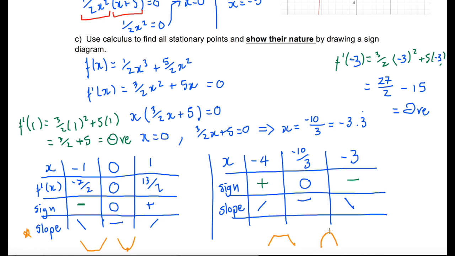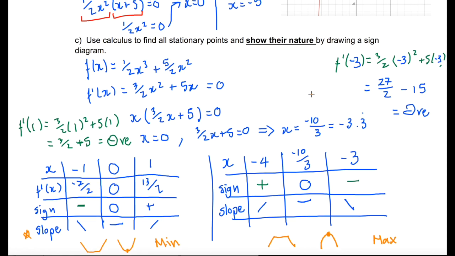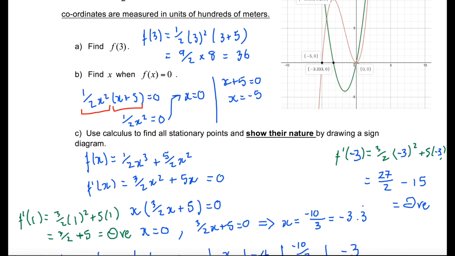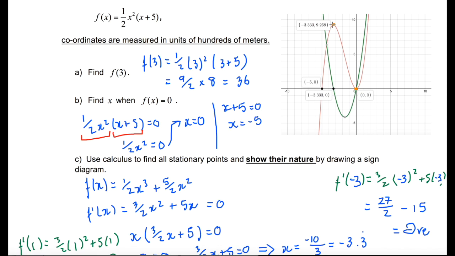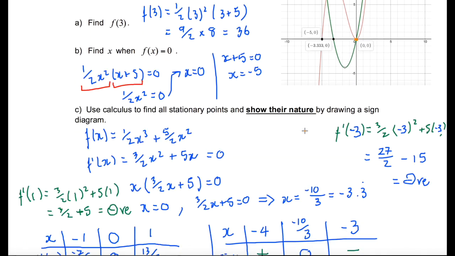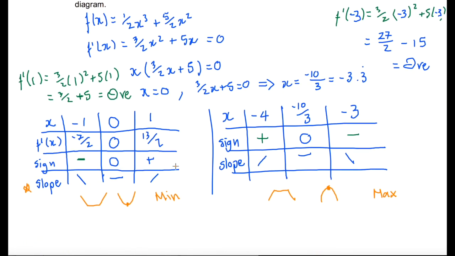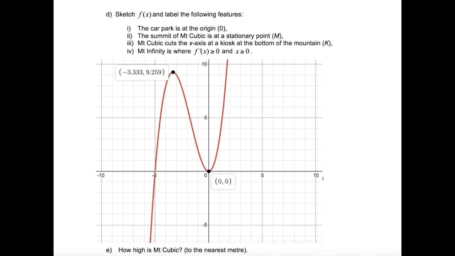So it is a maximum value. So this is minimum, and this is a maximum. So at x equals 0, we have a minimum point. Good, that's what we determined. At x equals 0, it's a minimum. At x equals negative 3.33, it is a maximum. So we can use these sign diagrams to determine that information.